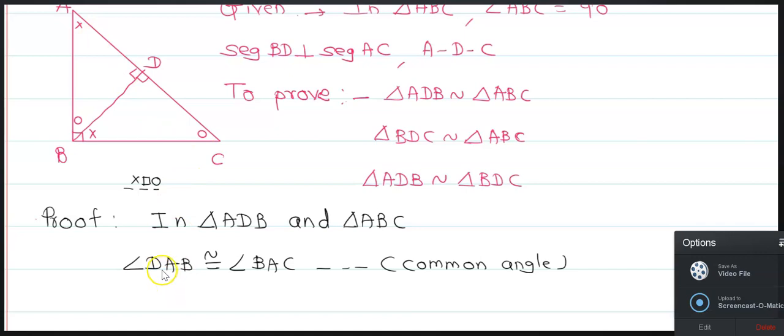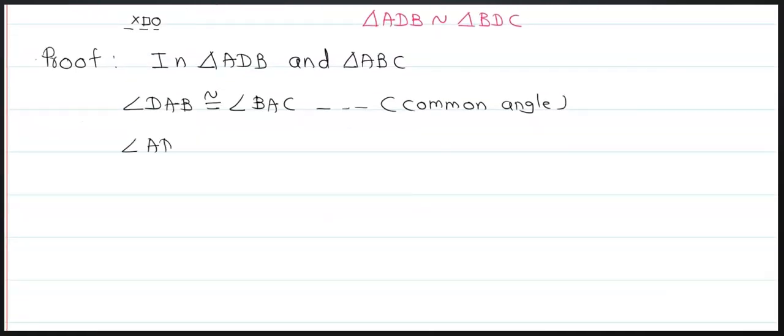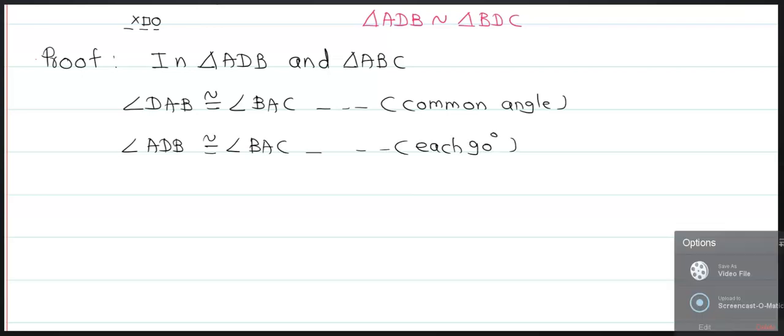Angle A is common here. What about the next angle? Angle ADB is 90, and angle ABC is 90. Hence angle ADB is congruent to angle ABC, each 90.